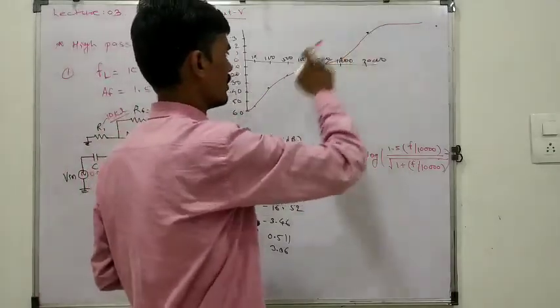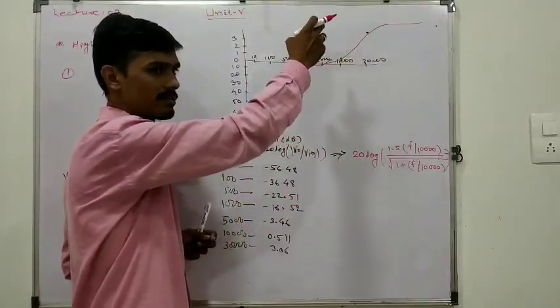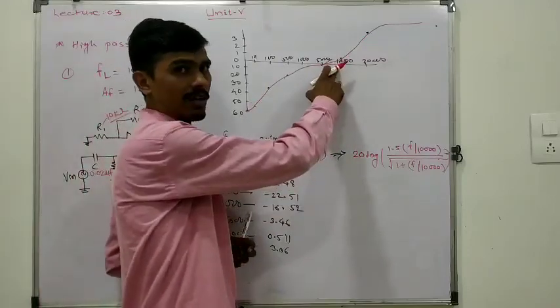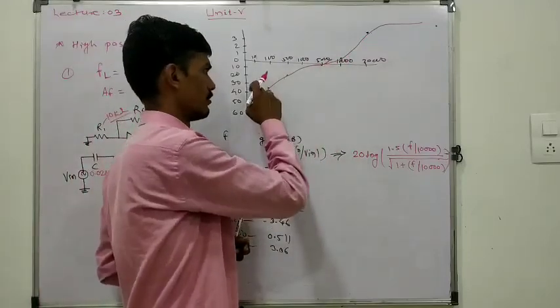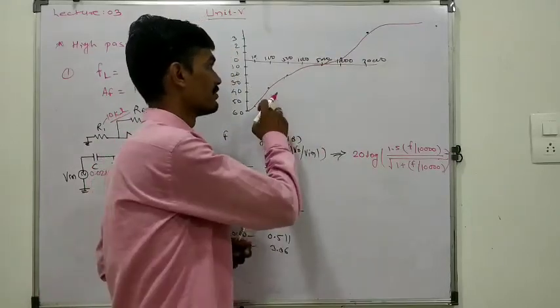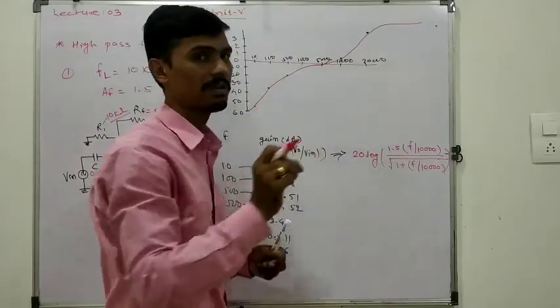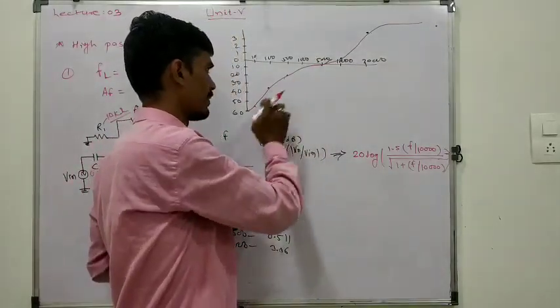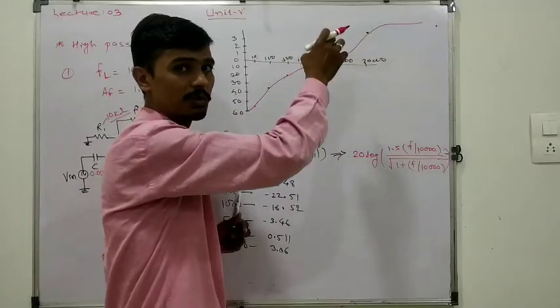When you draw this frequency response on graph paper, you will get a smooth curve. Here I am not using a scale, so I am not getting a fine response. Otherwise, if we use a scale and graph paper, we get a smooth frequency response.